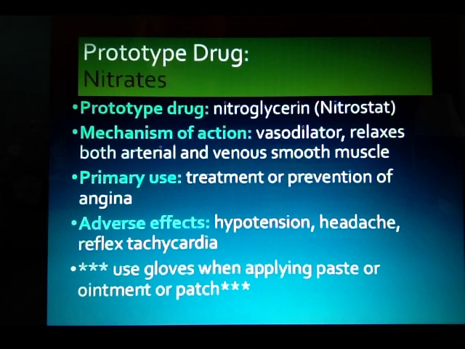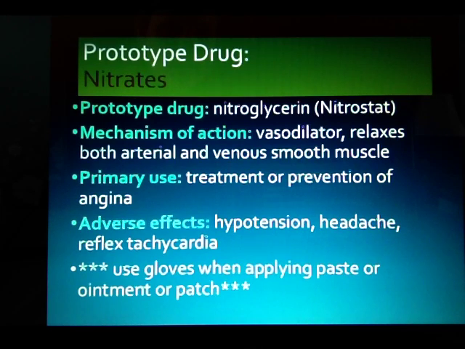It's a very common nitrate that you will run into and administer to your clients. It's a vasodilator. It relaxes both the arterial and venous smooth muscle, so it's affecting both preload and afterload. It's used for the treatment and prevention of angina.